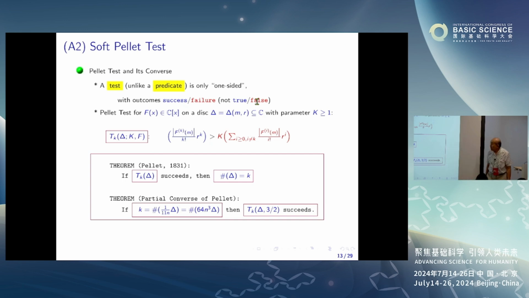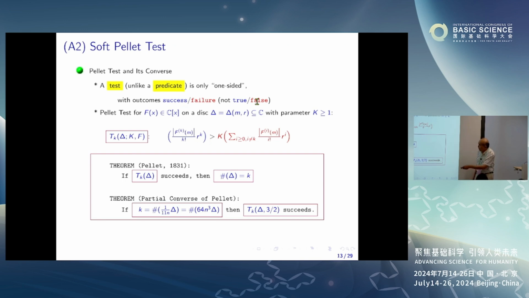All right? But what we really need in soft algorithms is a partial converse. So if it fails, then I know something. Or another way to put it, under certain conditions, you must succeed. All right?